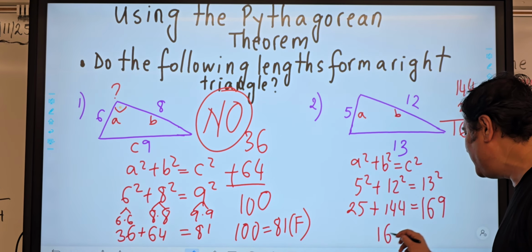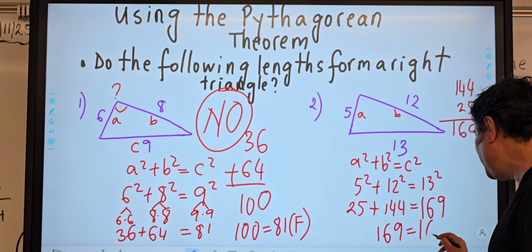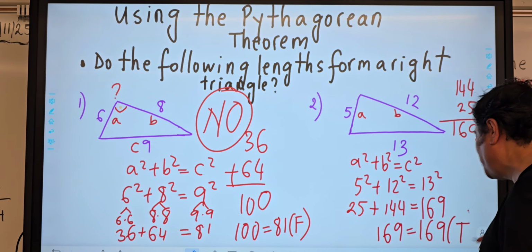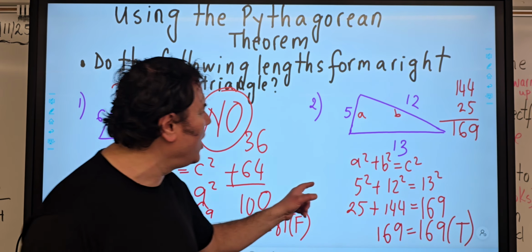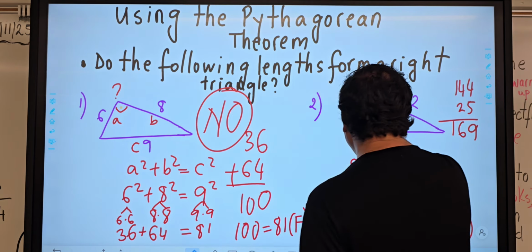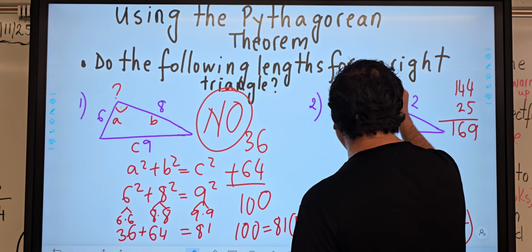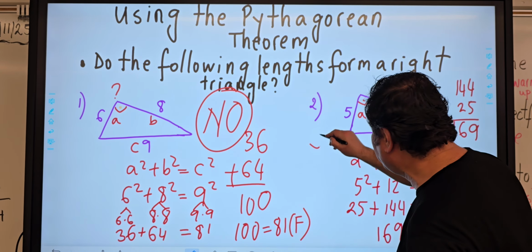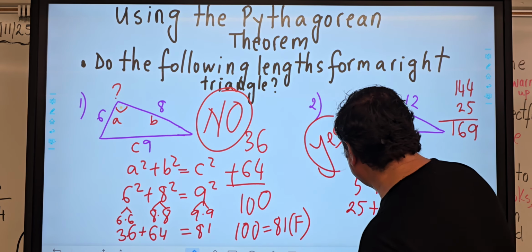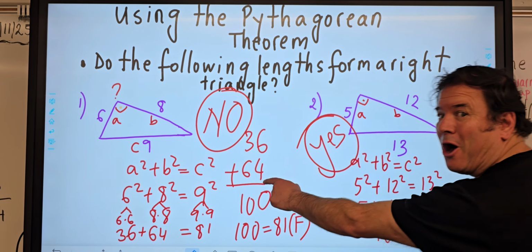So here we have 169 equals 169, and this is a true statement. Therefore, this is a right triangle. So the answer is yes for number 2.